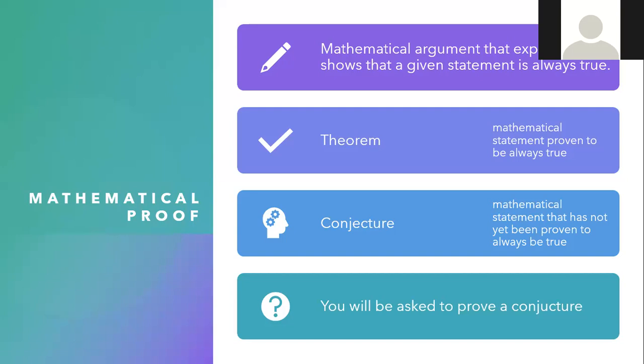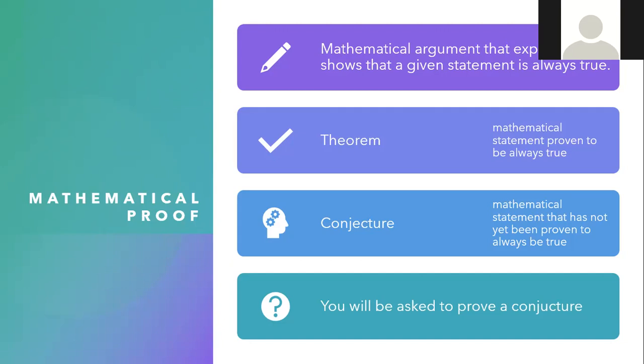And so we have these two things that we use: theorem and conjecture. A theorem is a mathematical statement that has been proven to always be true, whereas a conjecture is a mathematical statement that has not yet been proven to always be true. In proof, you'll be asked to prove a conjecture.